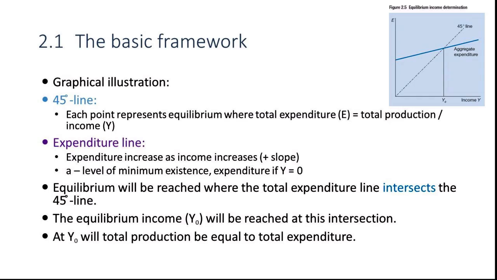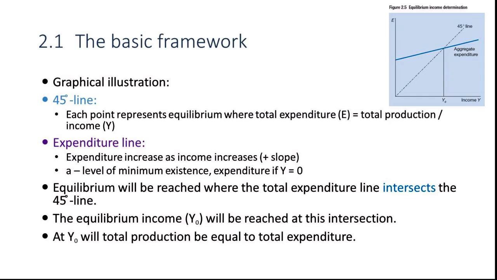Now, the actual expenditure is represented by the expenditure line in blue there called aggregate expenditure. And in the rest of this chapter, we'll be looking at the components that make up aggregate expenditure. For the moment, though, it's enough to say that where the aggregate expenditure line crosses the 45-degree line, you've got equilibrium at the income level Y0.